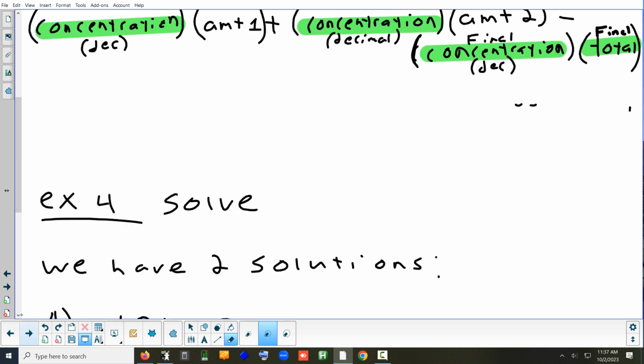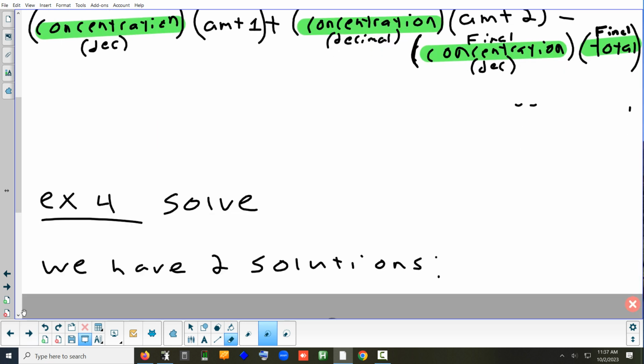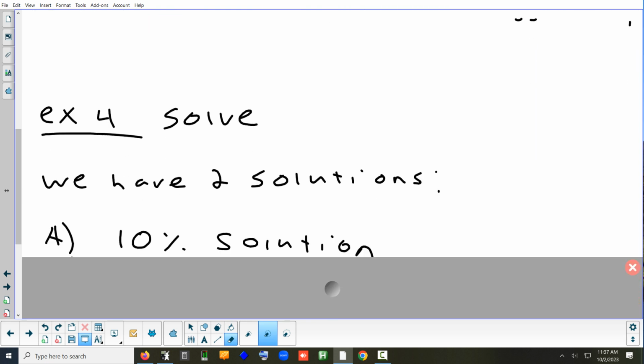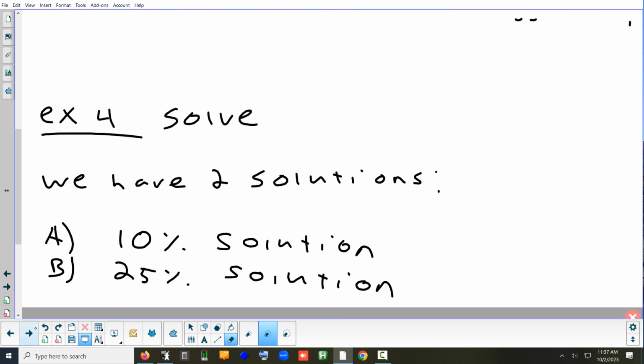And here's our problem. So we have two solutions, A and B. A is a 10% solution, B is a 25% solution. Now we're going to mix A and B together, and we can create any strength in between 10 and 25. It just depends on how much we mix of one and how much of the other.